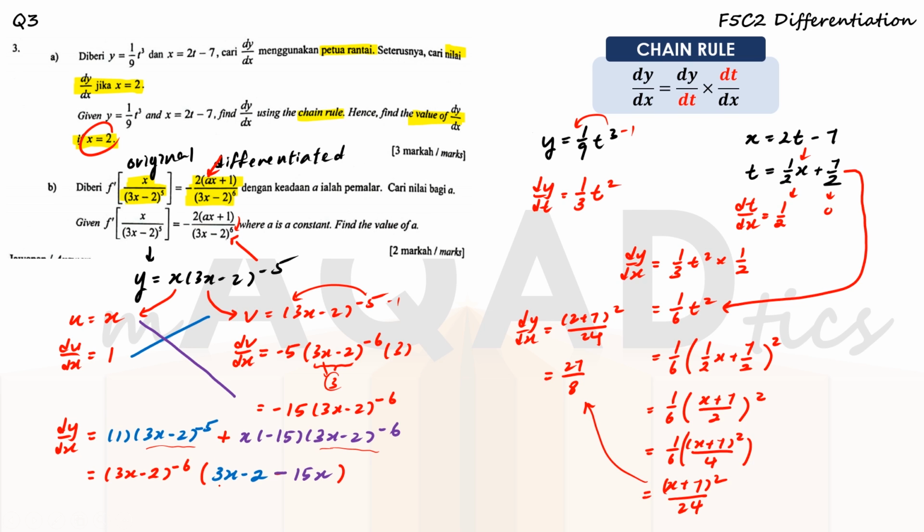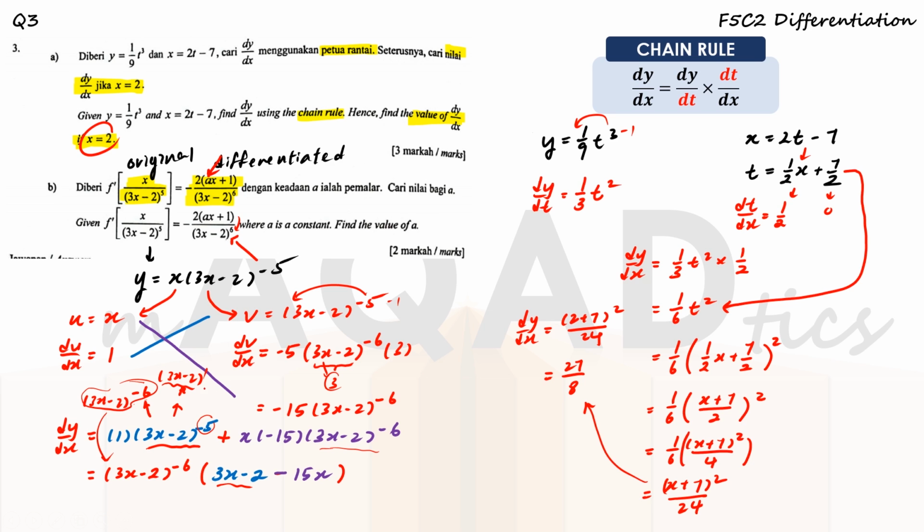The reason why we have 3x minus 2 here is that if we split this -5 into -6, the other value would be 1, correct? Because -6 plus 1 is -5. So now we have these two things, 3x minus 2 power of -6 and 3x minus 2 power of 1. Since this is already factorized, it will be in front, but we only are left with this.